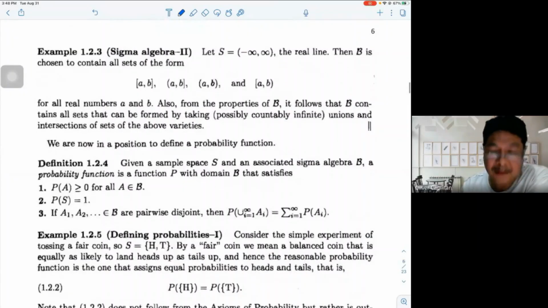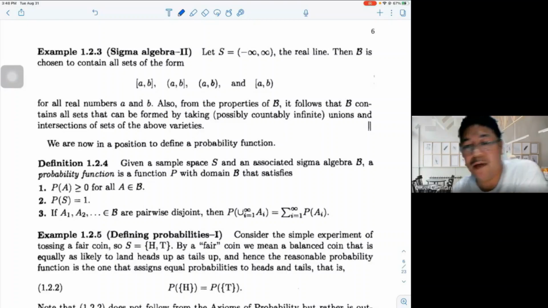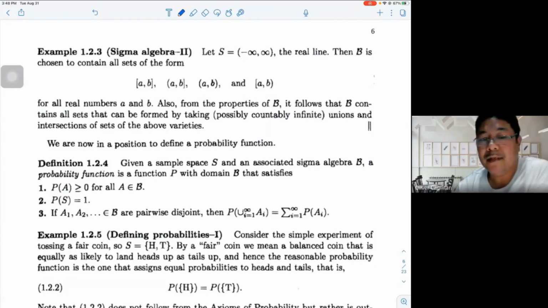Next example. Considering an uncountable sample space S. Say S is the interval from negative infinity to positive infinity, the real line. So we can describe our script B here.